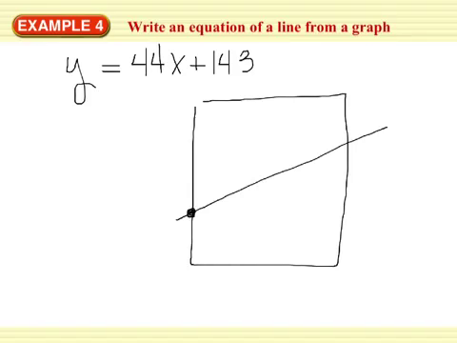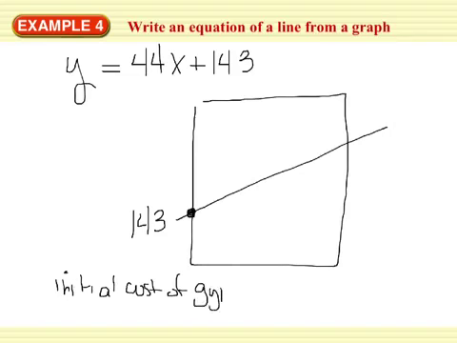okay, it crossed the y-axis at 143. That is the initial cost of the gym. Most gyms, like I said, make you put a down payment or a membership fee or something. Pay attention in January when everyone has made their New Year's resolutions, and a lot of gyms will say no membership fees.